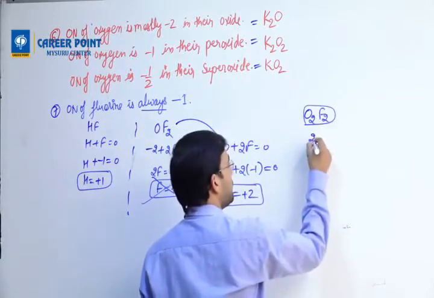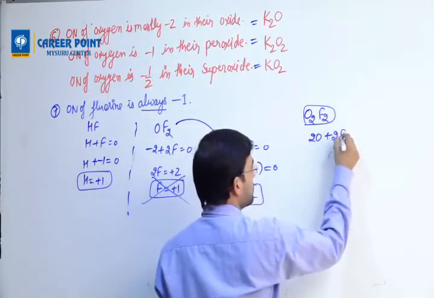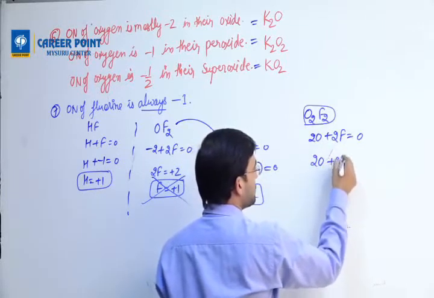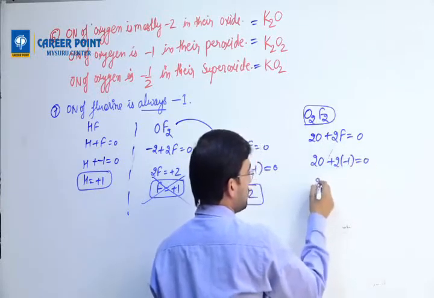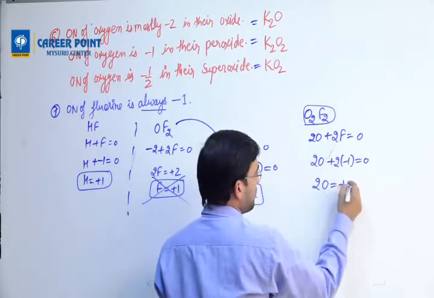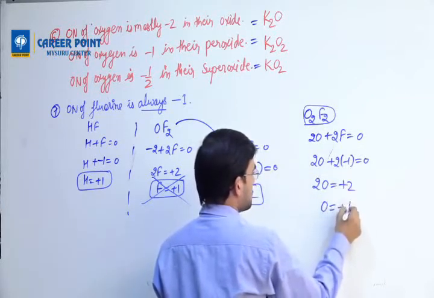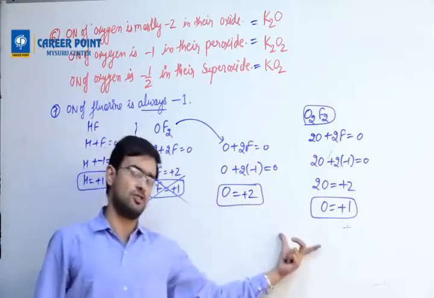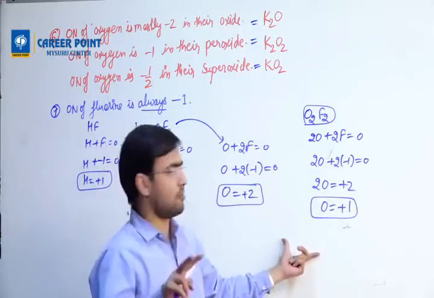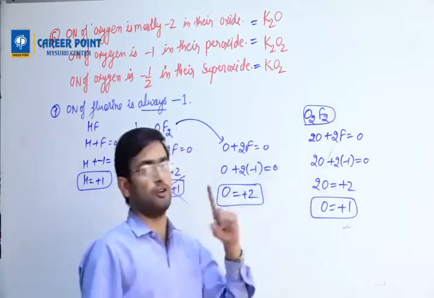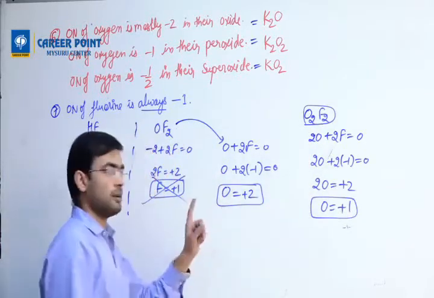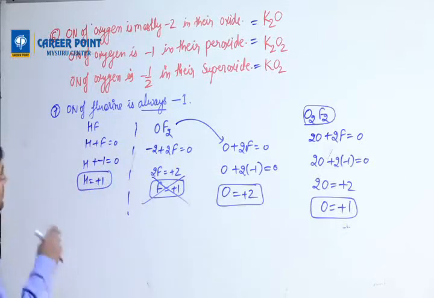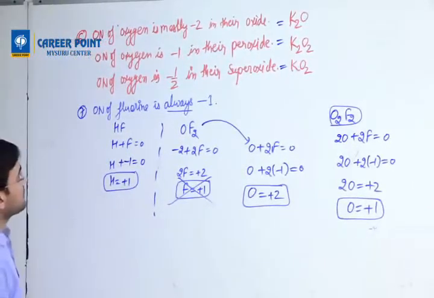So if you do here 2O plus 2F equals 0, 2O plus 2(-1) equals 0, 2O equals +2, oxygen equals +1. These are the only two compounds in the whole chemistry where oxygen gets a positive value, else it will never get a positive value. These are called exceptions. Okay. So now this is 7.